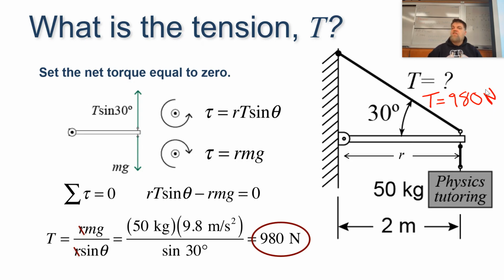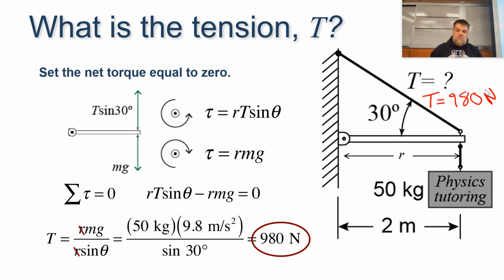So it's not enough just to make the cable or string or rope equal to 980 newtons, right? It has to be stronger than that. Well, how much stronger? We could double it. That would be pretty good. We could triple it. I don't know.